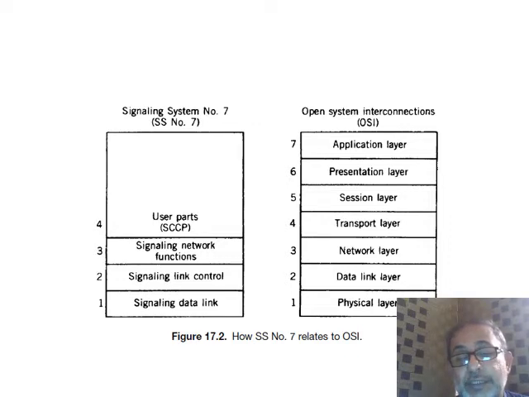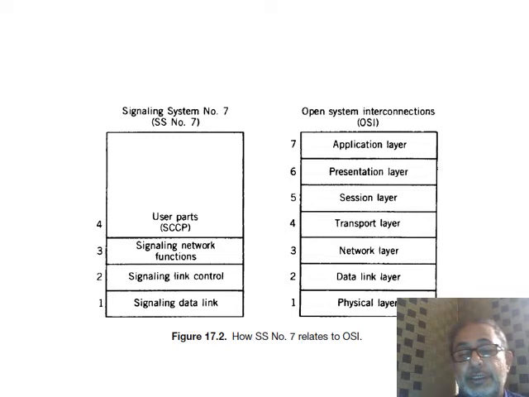To ensure that, we cannot afford to have more than 4 layers as compared to 7 layers in open system interconnection. As you know, in the TCP/IP suite, we have 5 layers: physical layer, data link layer, network layer, transport layer, and then the application layer. It does not have session layer and presentation layer. While in the case of signaling system number 7, we only have 4 layers: signaling data link, signaling link control, signaling network functions, and the user parts including SCCP.